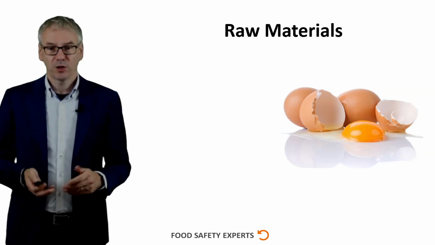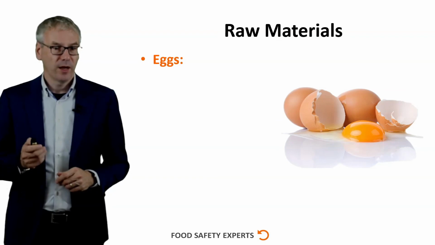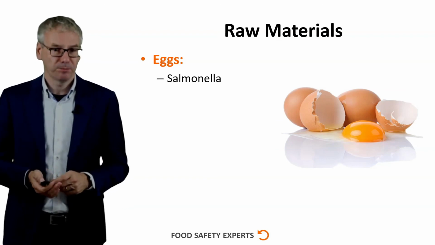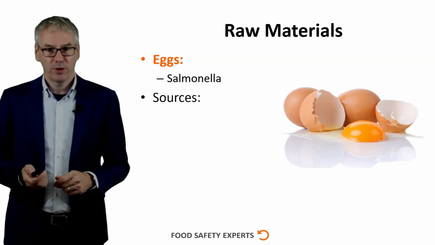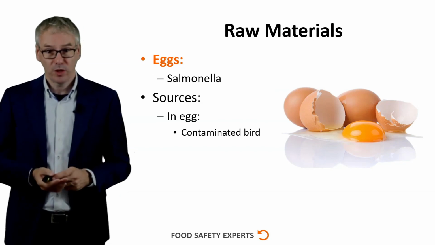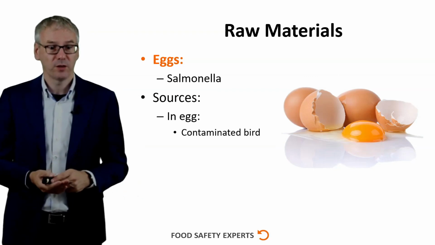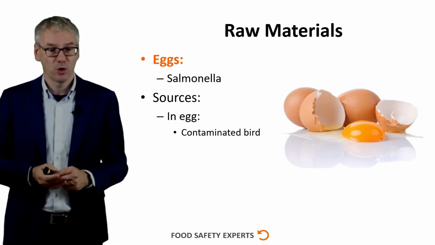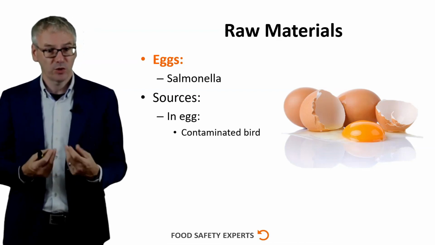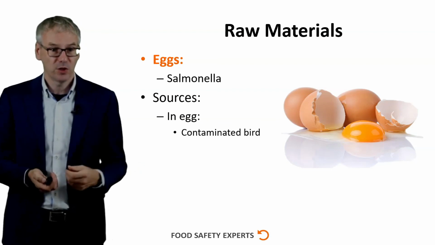Another big class of high-risk products are, of course, eggs. And in eggs, we typically see salmonella as the key bacteria. The sources here are either that it's already in the egg, which could be because the bird is contaminated with salmonella. Of course, there's a lot of oversight in farms around the globe, but still, chickens sometimes do catch salmonella themselves, and then the salmonella might already be transferred into the egg via the chicken.